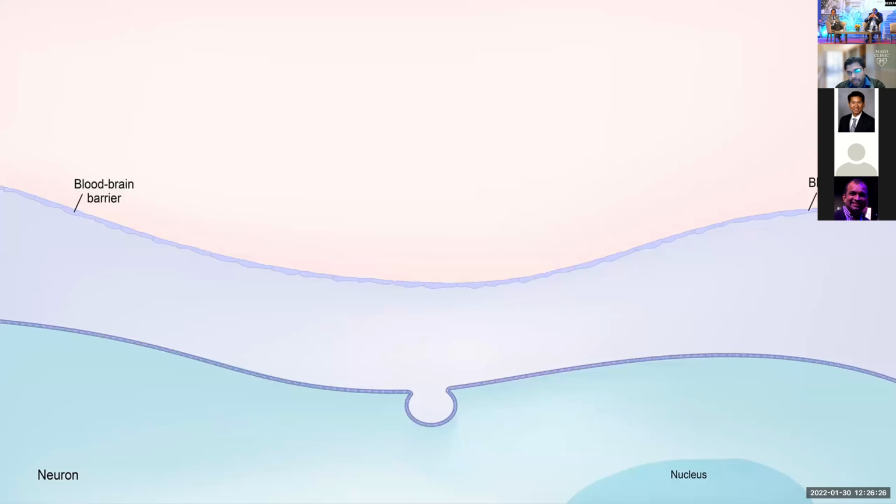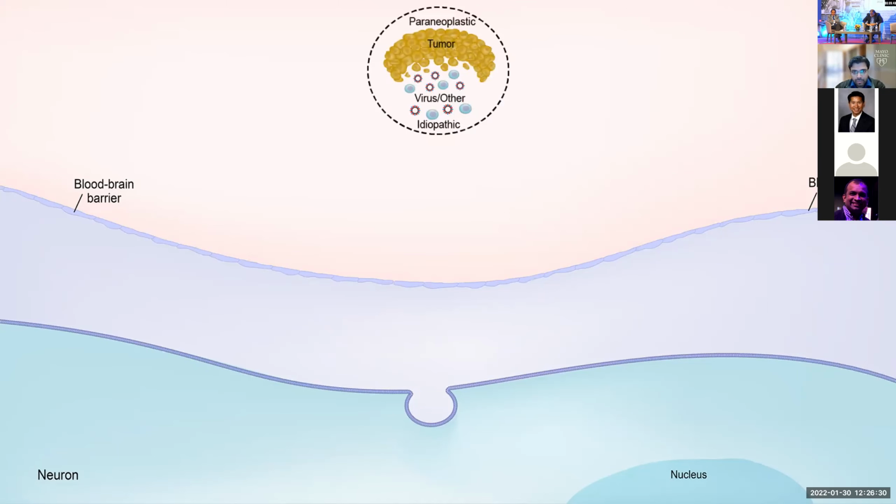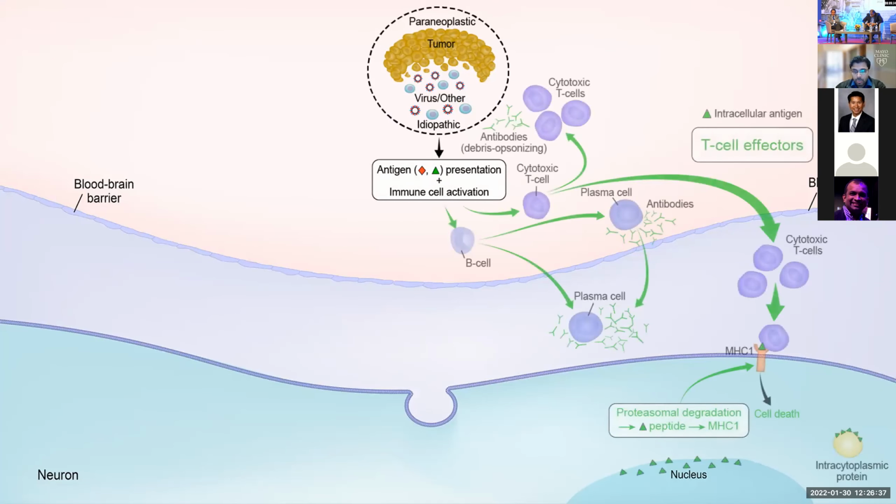So again, going back to our figure which we had initially seen, an inciting event could be a tumor. In these cases, more likely a tumor. Antigen presentation. In these cases, what we are more interested in is the cytotoxic T cell response.